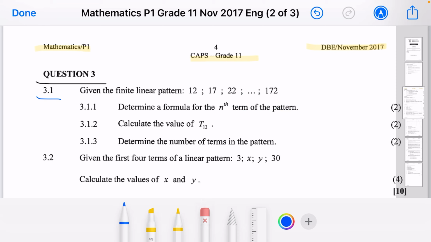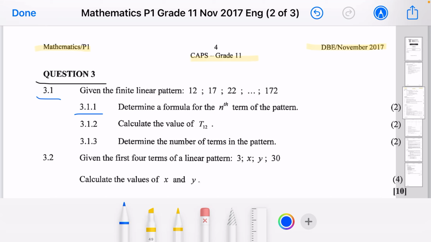So now let's try to answer the questions. Ladies and gentlemen, question 3.1.1 says determine a formula for the nth term of the pattern. Massively important, ladies and gentlemen. Determine a formula for the nth term of the pattern.